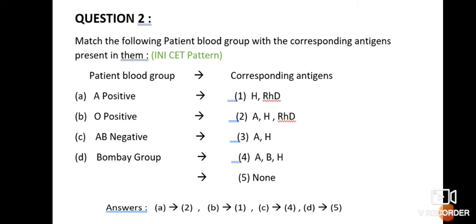So we are left with 3, 4 and 5. AB negative means they will contain A, B and H, so C will go for option 4. And for Bombay blood group, there will be none of the antigens present. Here they are talking about H antigen, so we should choose Bombay blood group for none of the antigens. So option D will go for number 5.